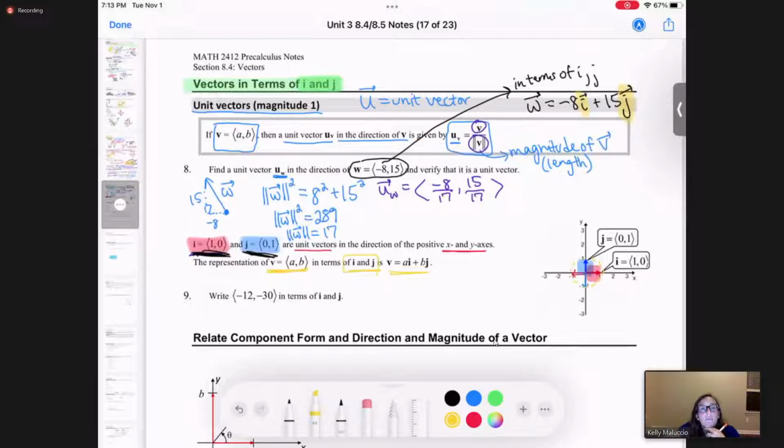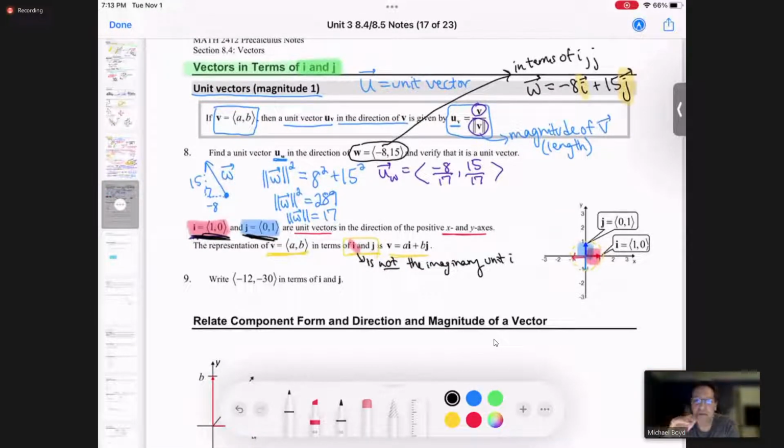And keep in mind something super weird here: this is not the imaginary I. It's just a regular letter, a variable. It's just our vector I.